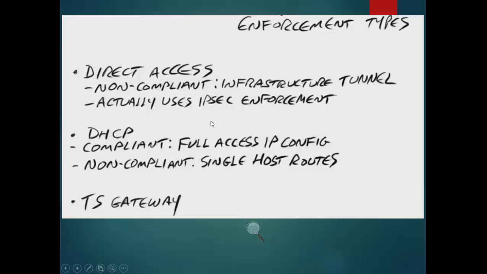Okay, so that's DHCP. We're going to do DHCP with local clients. If they're compliant, they should get access to the domain controller. If they're not compliant, they will be denied access. Our lab clients will be non-compliant: no firewall, no antivirus, no Windows updates.